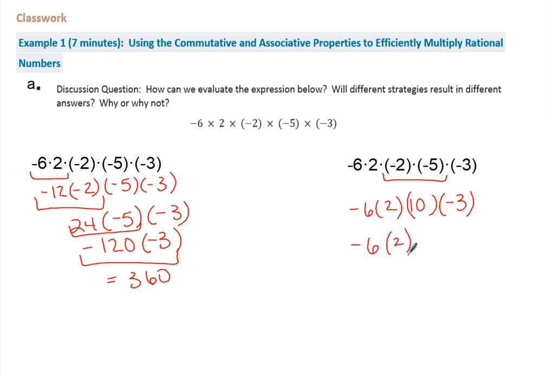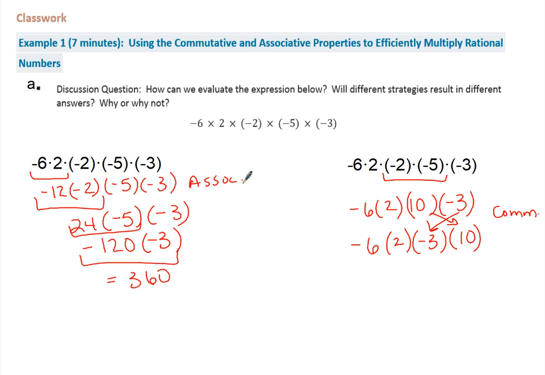But then I'm going to move my negative 3 right here, and I'm going to put my 10 at the end. And the reason I'm going to put my 10 at the end, so this right here is commutative property instead. Okay, these were all associative. And the reason I'm going to put my 10 at the end is it's easy to multiply any number by 10. So if I save that till last, all I'll have to do is add on a 0.